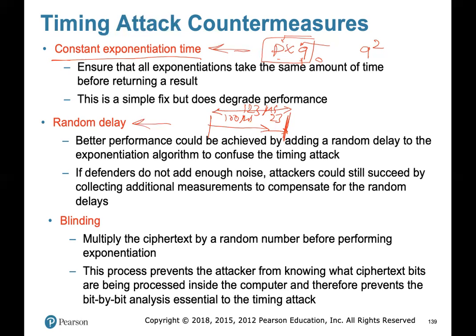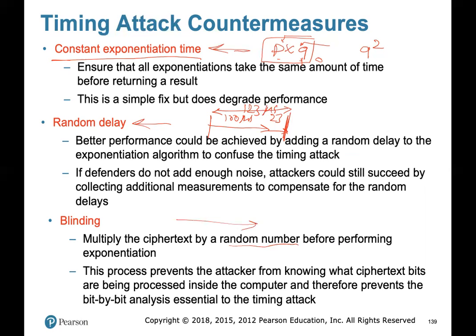And the last countermeasure, it says use blinding. Multiply the ciphertext by a random number, and then start doing the encryption. Since you are not working on the actual ciphertext in the decryption process or in the encryption process, the timing measurements are going to be all messed up.